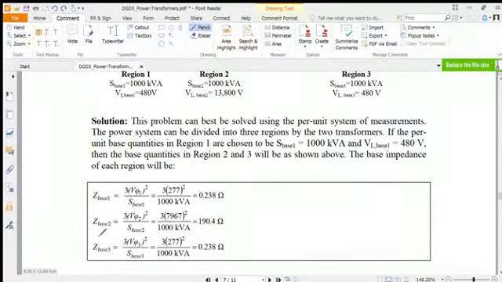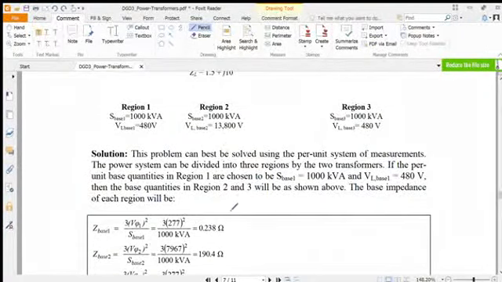And what is the base value in region 2? The formula is the same, and the kVA rating is the same all over the circuit. For the secondary in region 2, the voltage is a line voltage, you see, V line is given there.